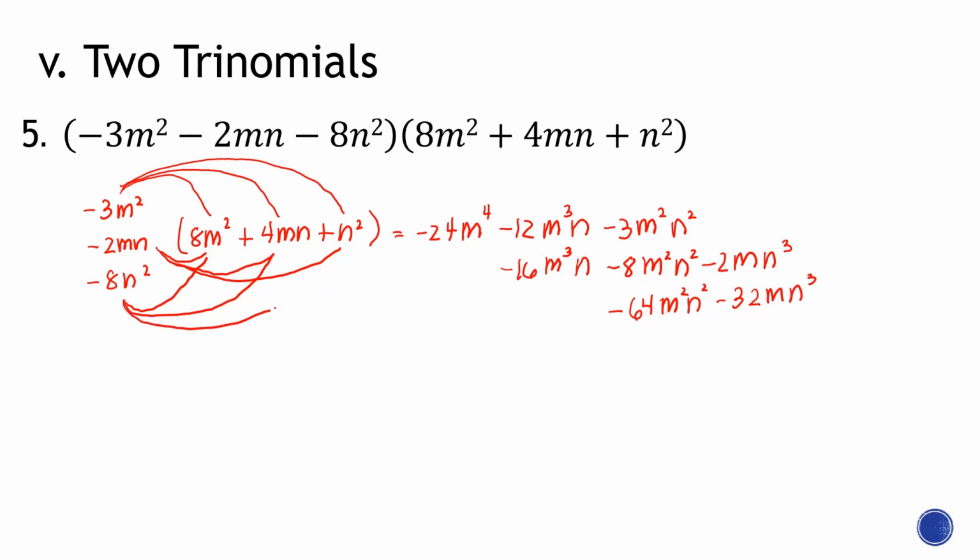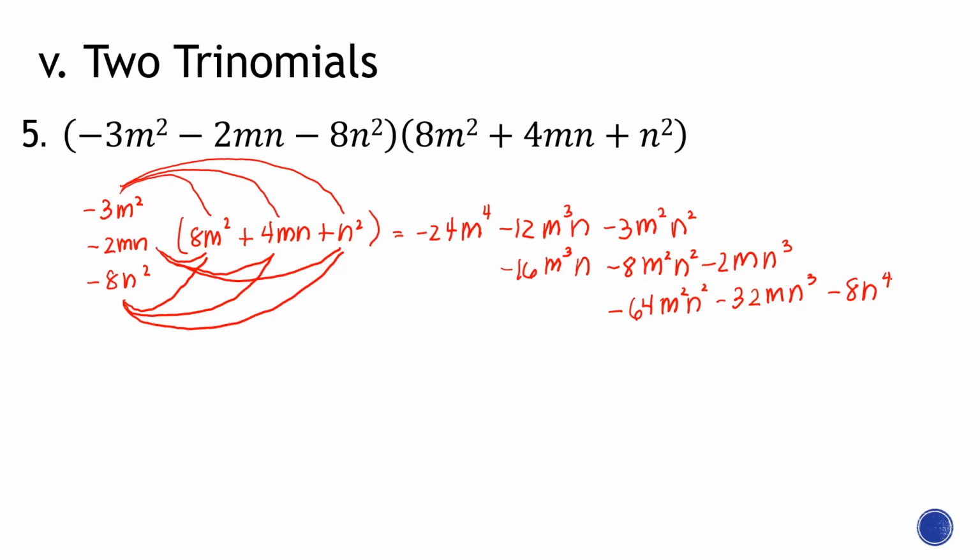Finally, negative 8n squared times n squared is negative 8n raised to 4. So negative 8 times 8 is negative 64. Negative 8 times 4 is negative 32mn squared. Negative 8 times n squared is negative 8n squared. So let's just check first if what I'm doing here is correct.